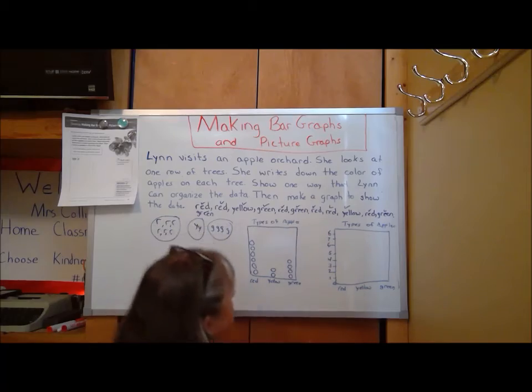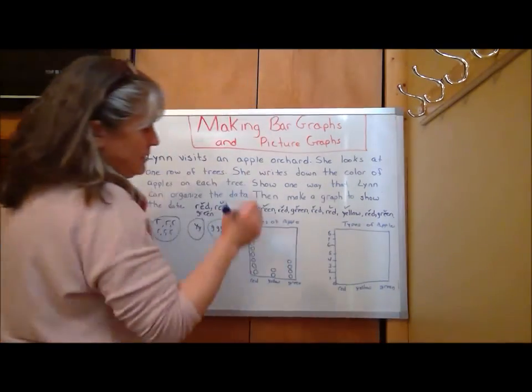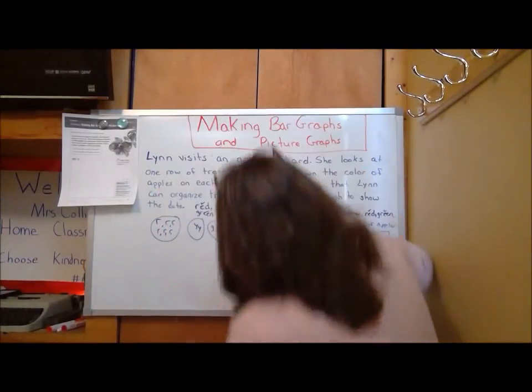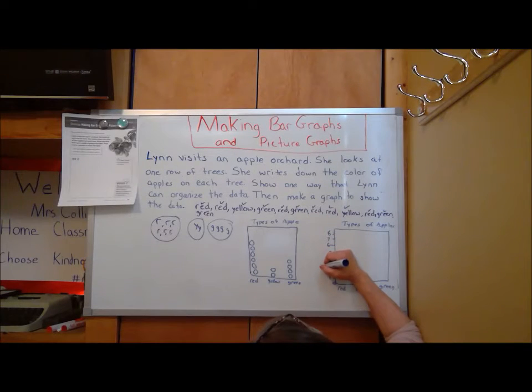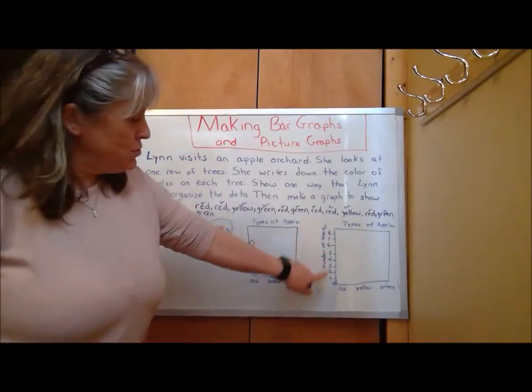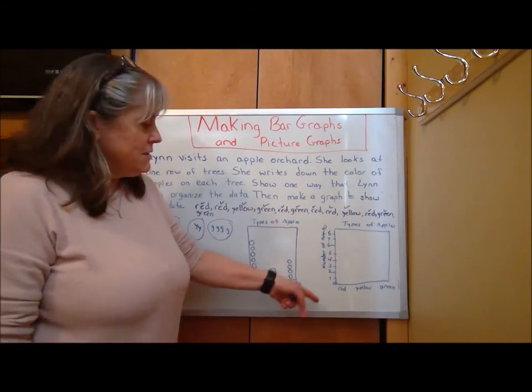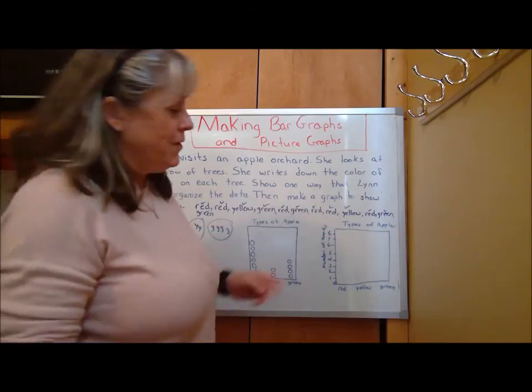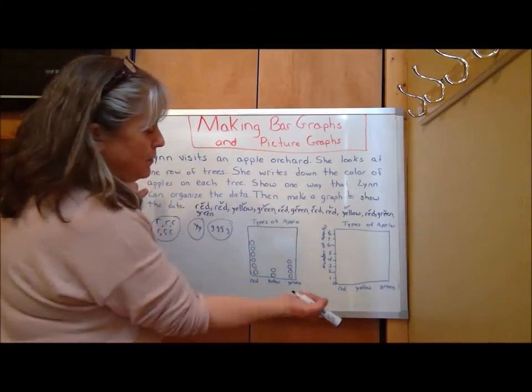And I also need to write over here, number of apples. The reason I need to do that is I need people to know what this number stands for. I can't just say 1 whatever. They need to know that that 1 means 1 apple.